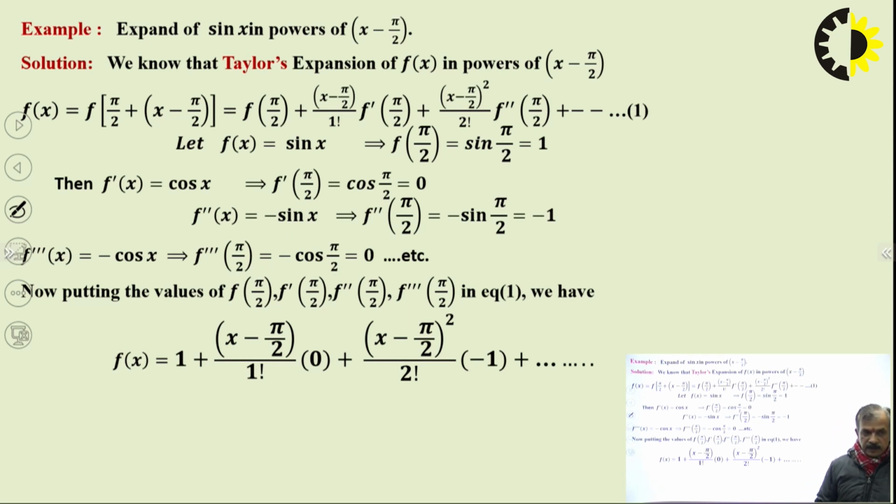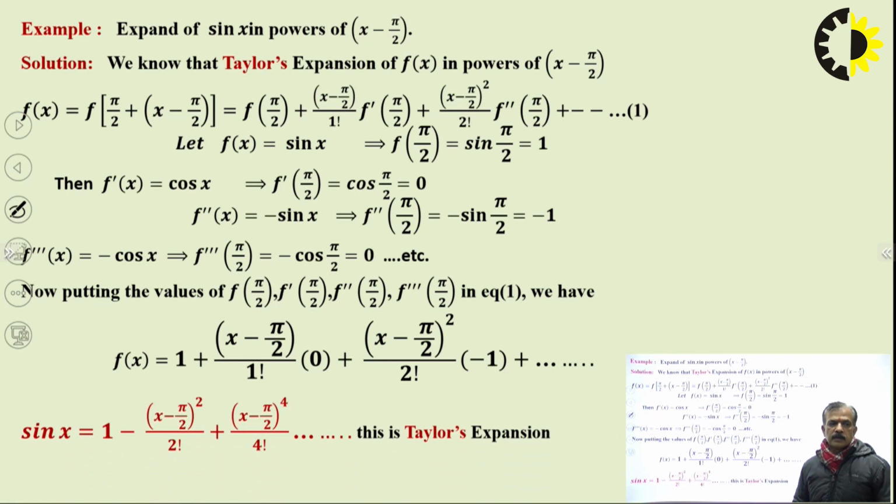After simplifying, the expansion of sin x will be 1 minus (x minus pi by 2) whole square divided by 2 factorial plus (x minus pi by 2) whole raised to the power 4 divided by 4 factorial plus and so on. So, this is the Taylor expansion of sin x in powers of x minus pi by 2.